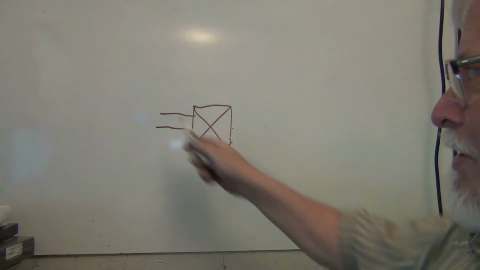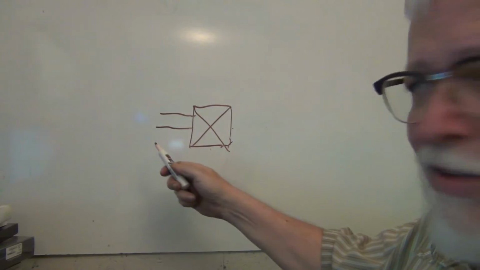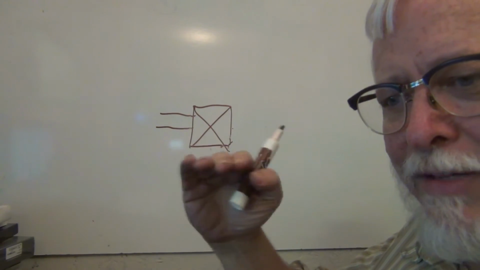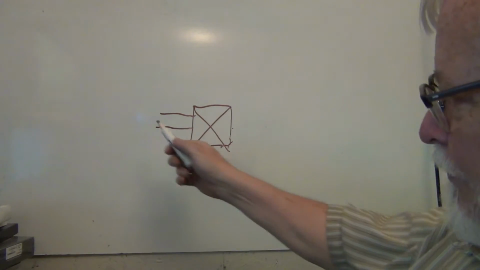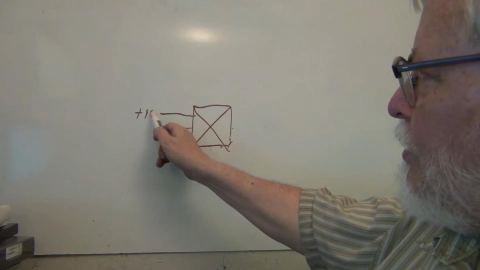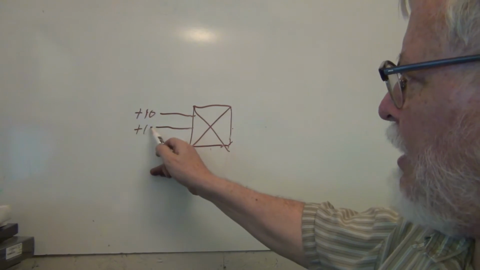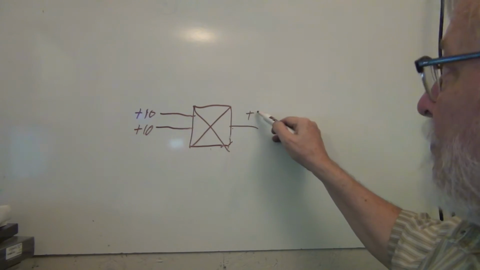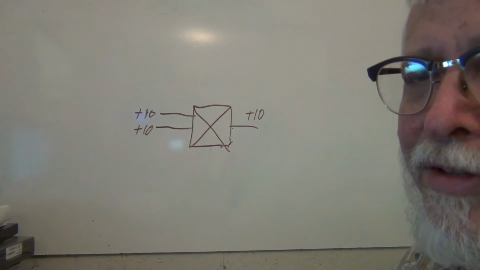But obviously, if you had 10 volts and 10 volts, you can't make 100 volts because we're dealing with things within a very limited range here. So plus 10 volts and plus 10 volts would give you plus 10 volts out of your multiplier.